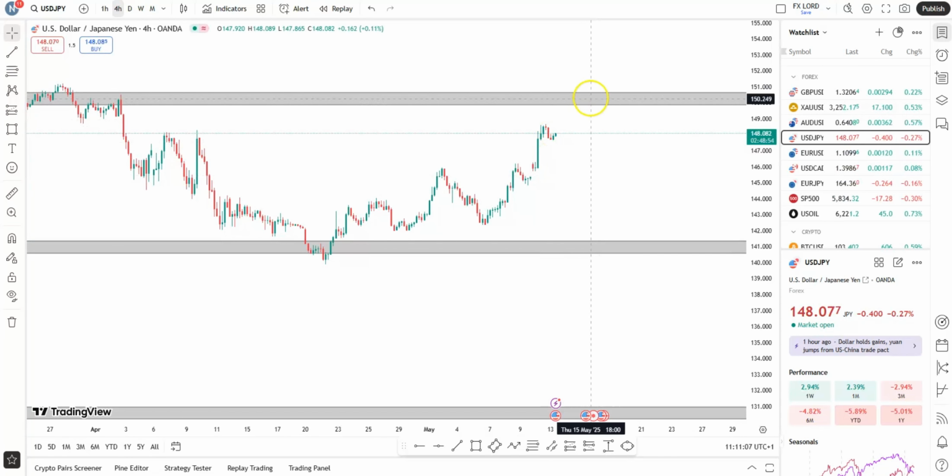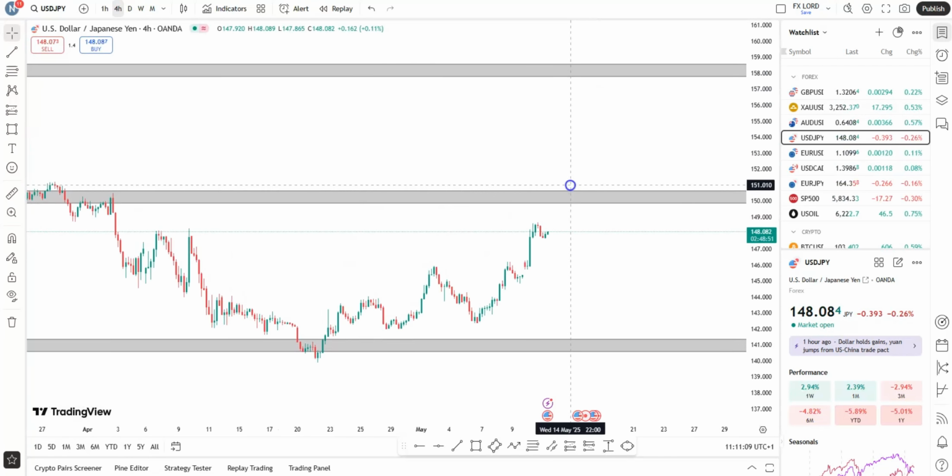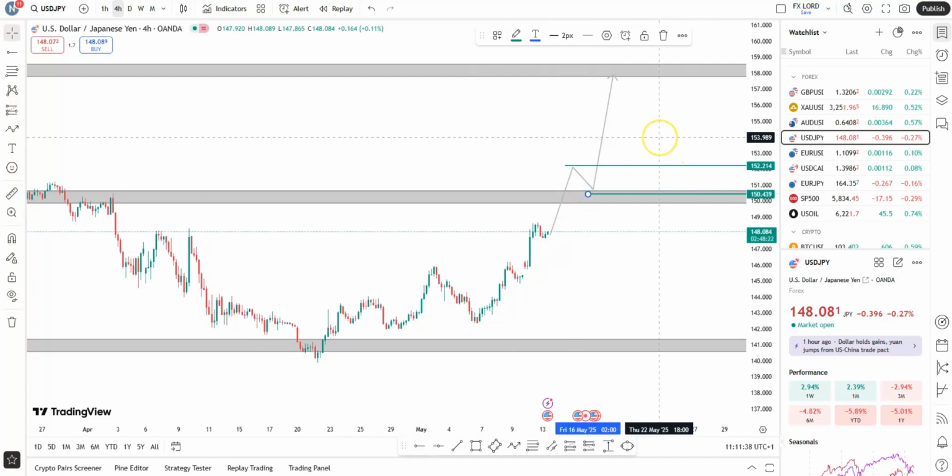So if the market comes to this resistance level, breaks out, and retests, I know for sure that we are going to come back up to touch the next resistance level. So once this happens, I get into the market at this level, and my stop loss is just below the retest of the level. So this is how to trade support and resistance, right?